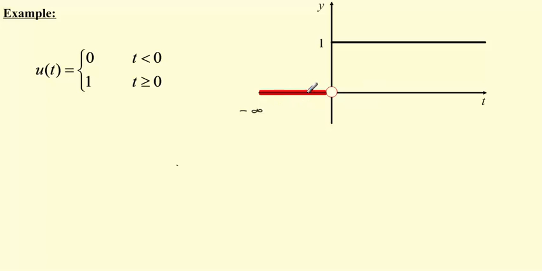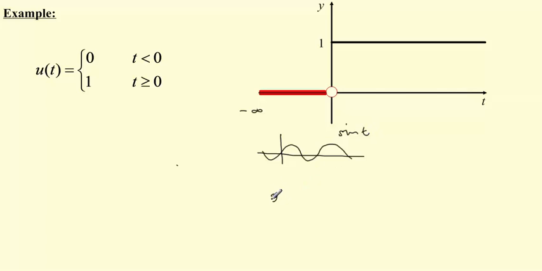So if I take a sine curve running from minus infinity, this is sine of t.